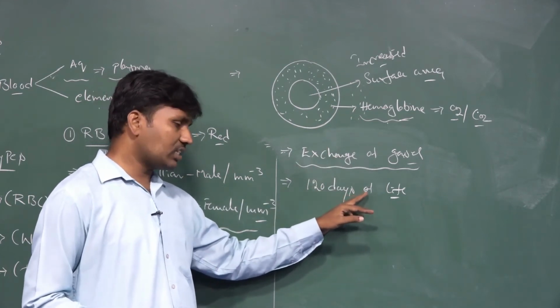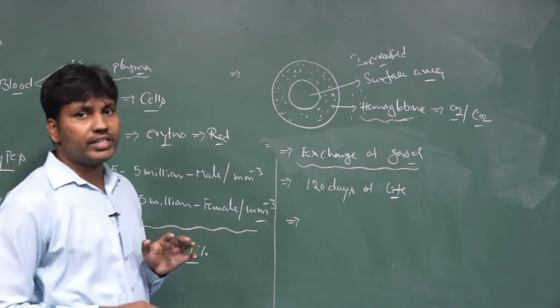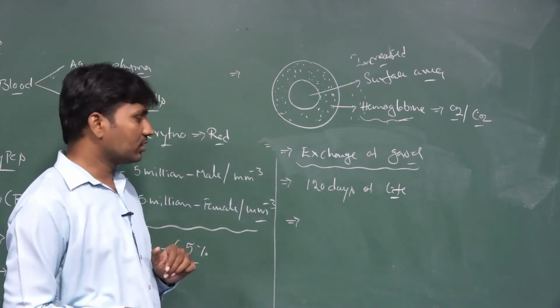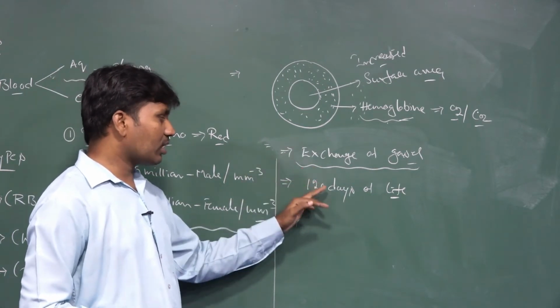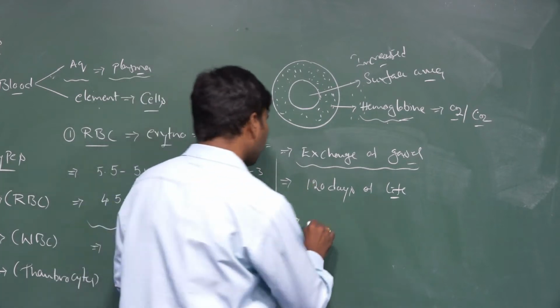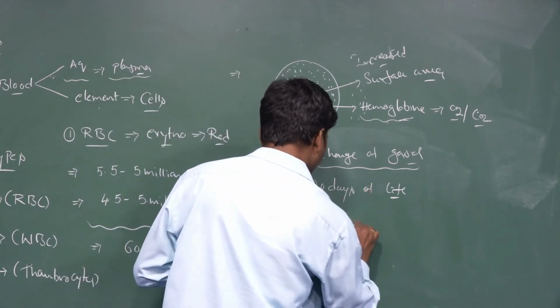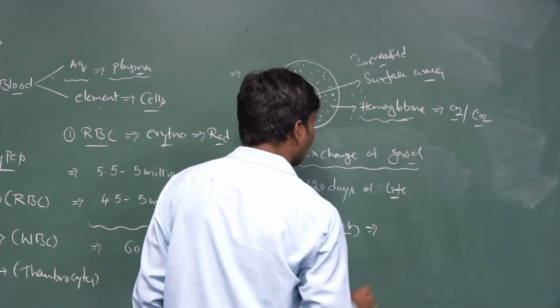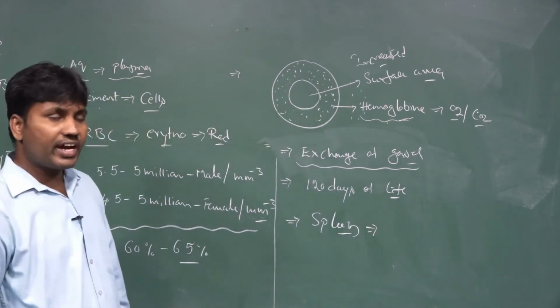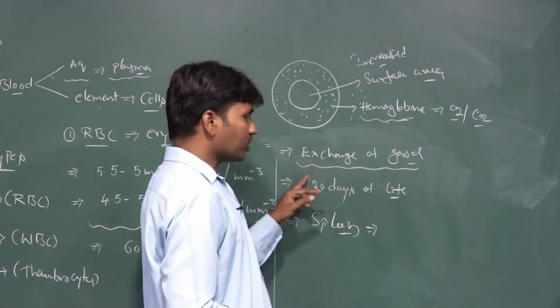After these 120 days, they are destroyed in the spleen. So the spleen acts as a graveyard here, and all these cellular components are destroyed.